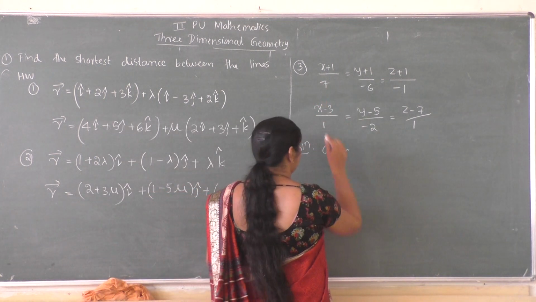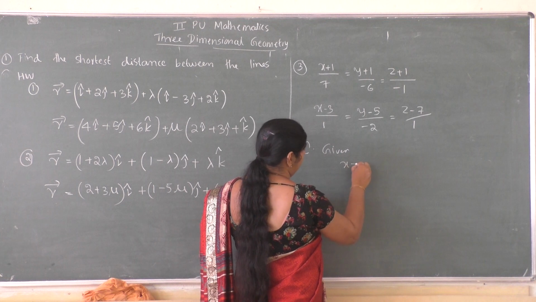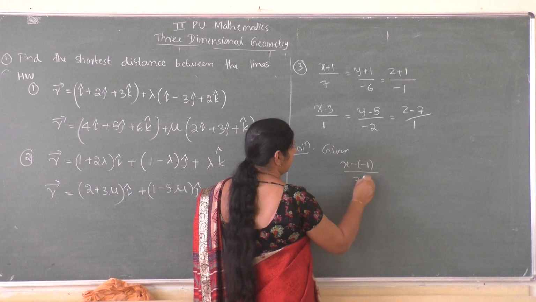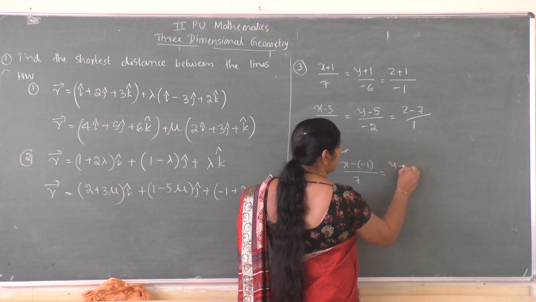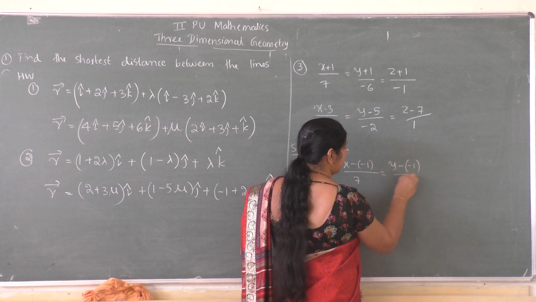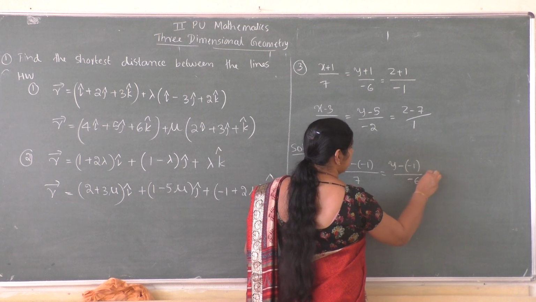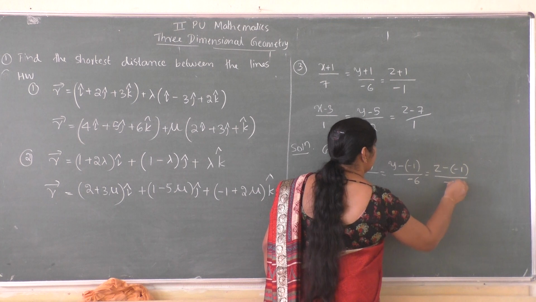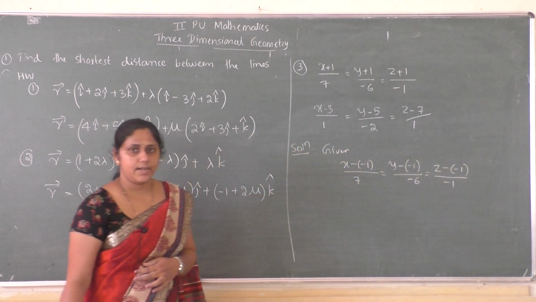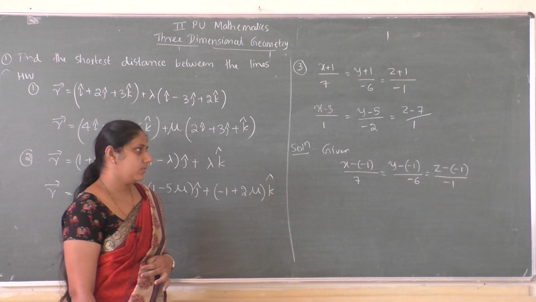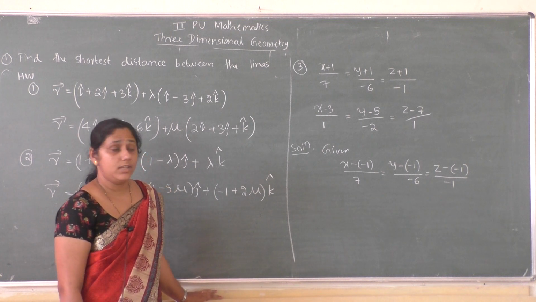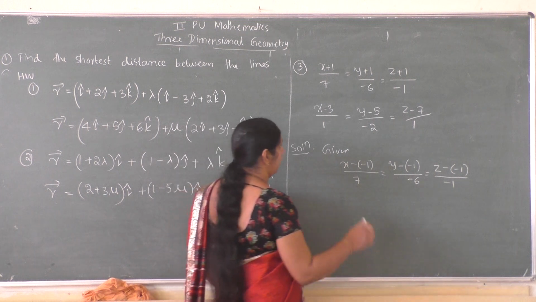So convert this to that form. That is x minus of minus 1 by 7 equal to y minus of minus 1 by minus 6 equal to z minus of minus 1 by minus 1. So this is in the standard form, that is x minus x1 by a1 equal to y minus y1 by b1 equal to z minus z1 by c1.